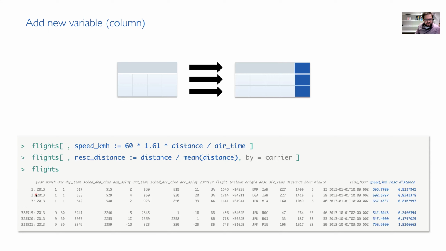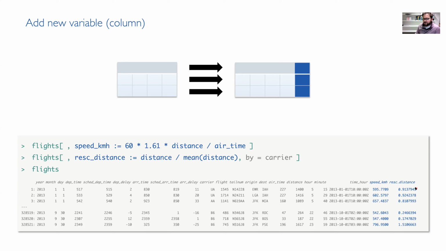Now, the way this looks is that we have here our original 300,000 rows. But for each row, we have now calculated a new value that we save in a new column, speed_kmh. That is the speed in kilometers per hour.